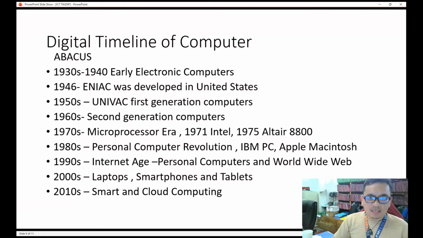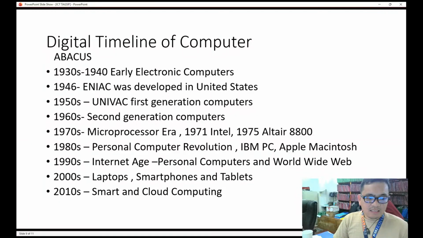In 1946, the ENIAC was developed in the United States. In the 1950s, the UNIVAC 1, the first generation computers. In the 1960s, second generation computers. In the 1970s, the microprocessor era, the Intel and the 1975 Altair. In the 1980s, the personal computer revolution, the IBM PC and the Apple Macintosh.